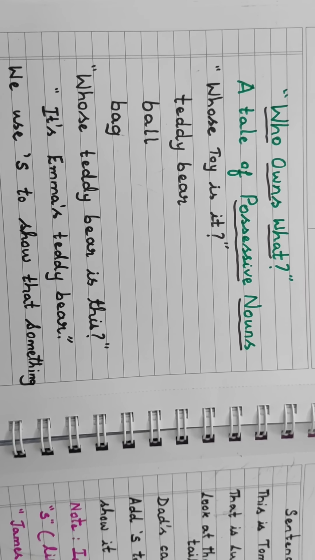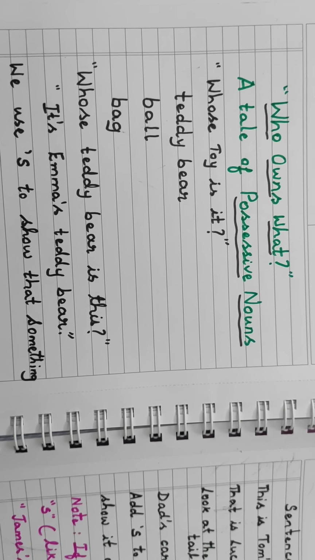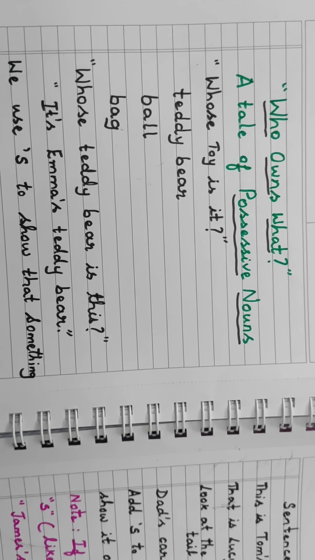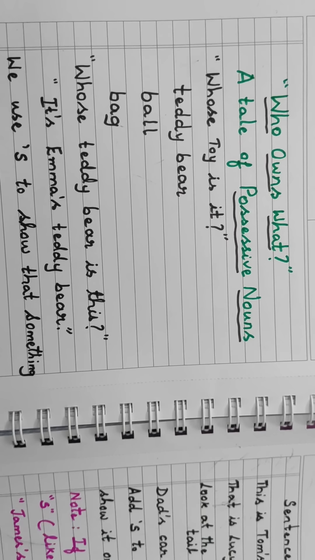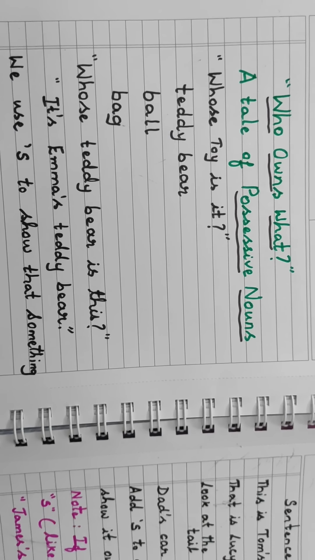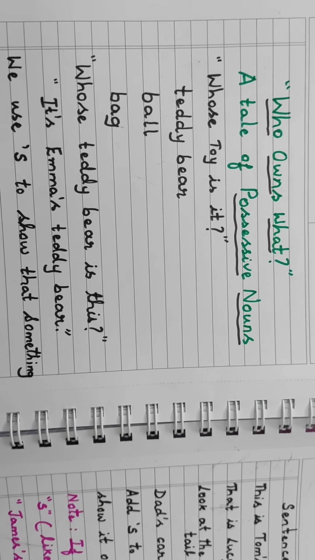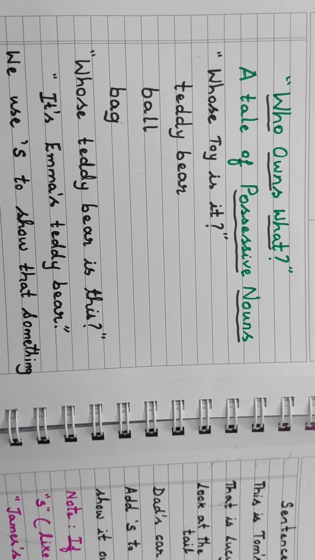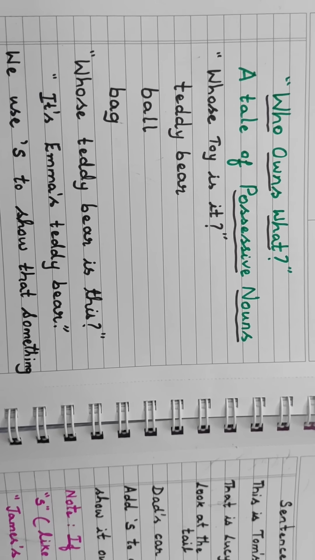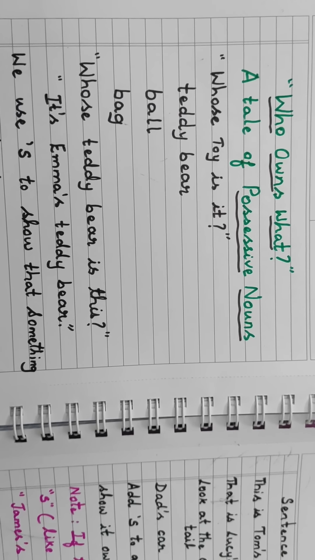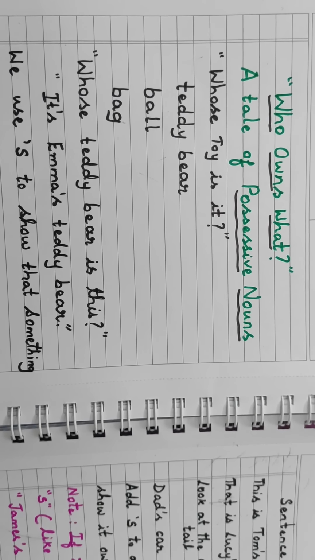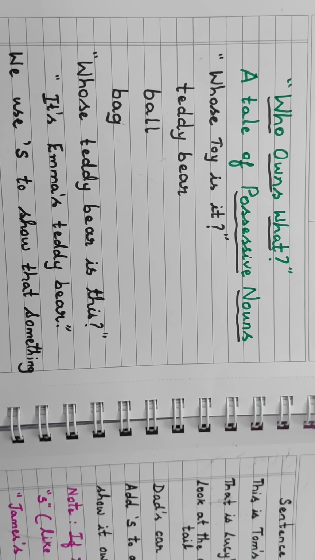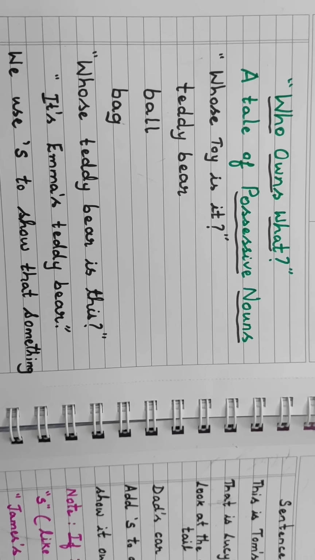Possessive means which thing belongs to whom. That is the meaning. Possessive means who is in possession of that thing. Who owns what? Who is having what? That is called possessive noun. Now suppose a pen belongs to me.